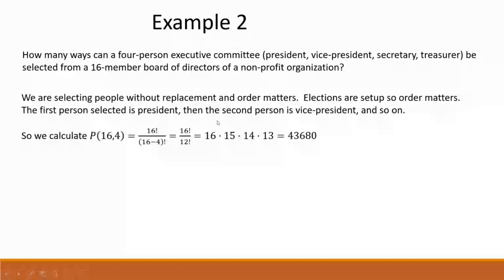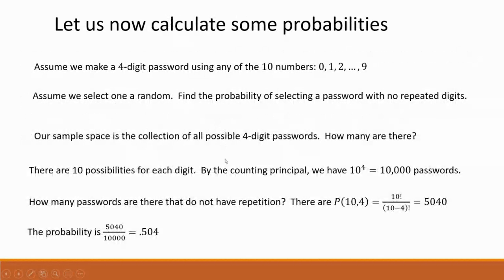Here we go. Okay. So here we're going to calculate some probabilities. Let's now make a 4-digit password, let's say. Now, for each digit, we can use any.